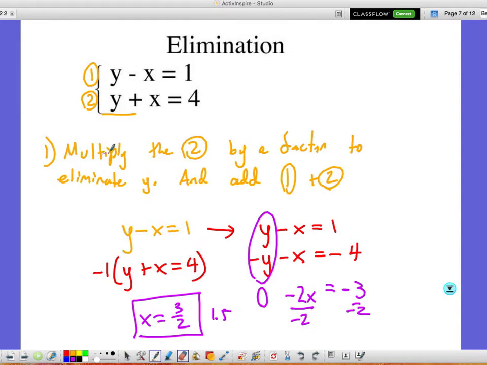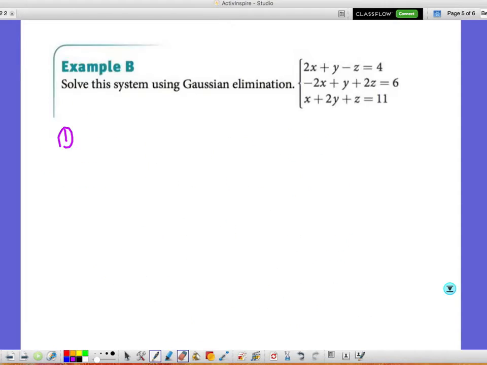What it says was to multiply the second equation by a factor to eliminate y, and add 1 and 2. Same thing we're going to do here. So for step 1, here's my first equation, second, and third.